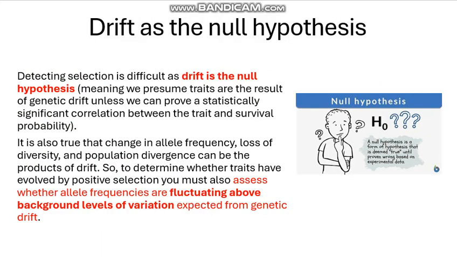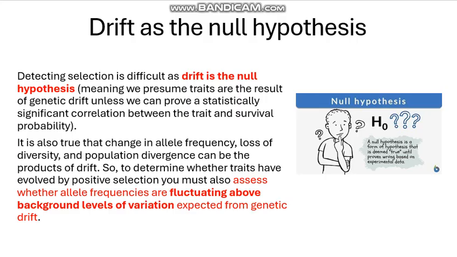So with regards to drift as the null hypothesis, detecting selection is difficult because we use drift as the null hypothesis. That basically means we presume that a trait is the result of genetic drift unless we can prove statistically that there's a statistically significant correlation between the trait that we're observing and the survival probability.